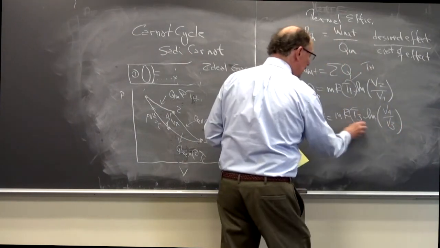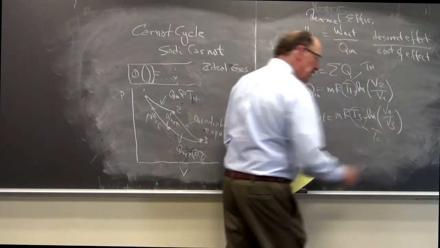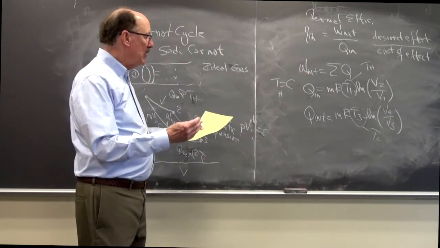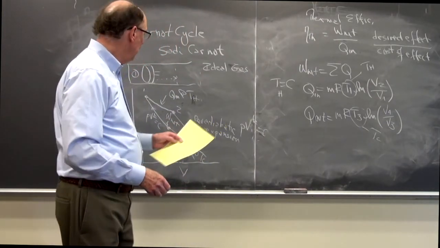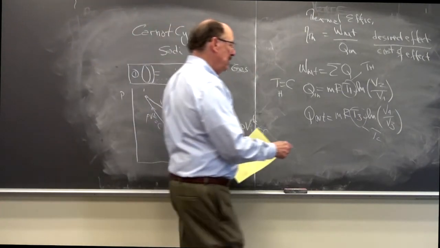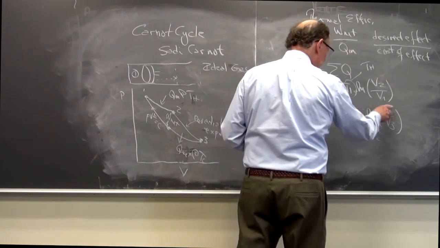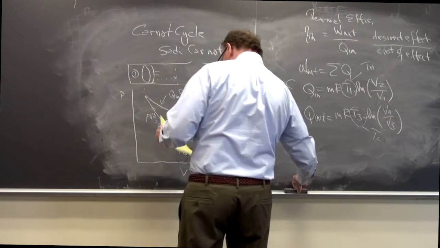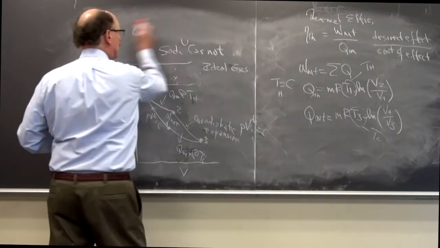And I notice that T3 is equal to TC. And so I see that I'm going to have a TH and a TC in there. If I look at these relationships, they're relationships between the volumes.